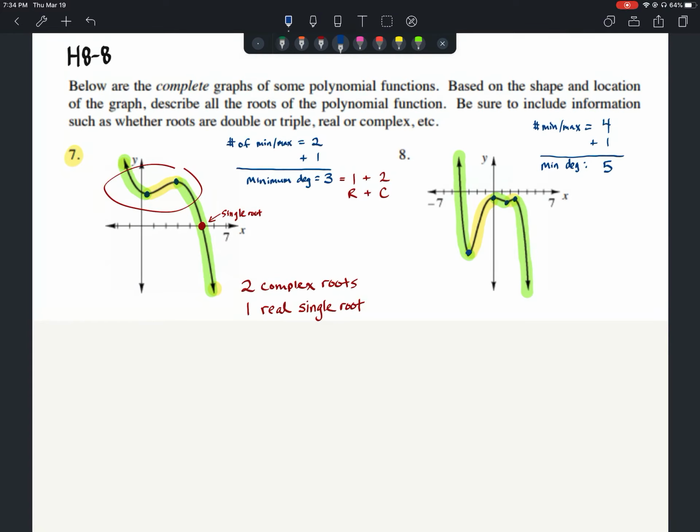So if we're trying to identify our real and complex roots, again, we'll just go back and look for where it crosses the x-axis first. It looks like it only crosses the x-axis once, and it goes straight through. So we know this is a single root. So again, we'll write down here, we have one real single root.